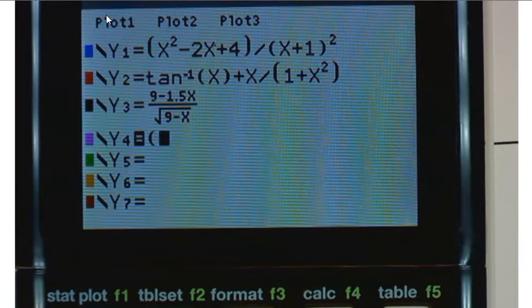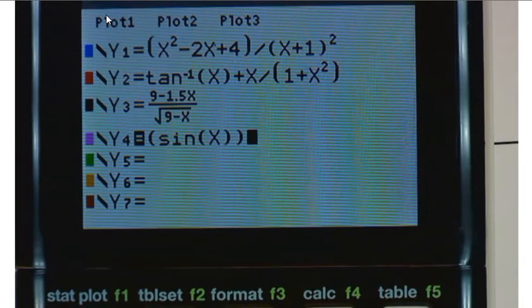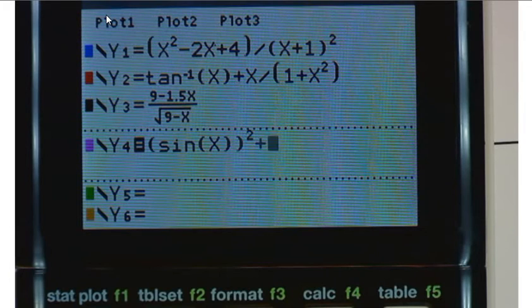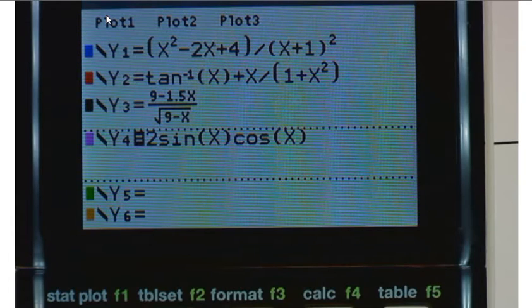So I want sine of x, right parenthesis again, squared. Whoops, no, I want the derivative there, not the function. My bad. 2 sine of x, right parenthesis, cosine of x, right parenthesis, plus cosine of x, right parenthesis.